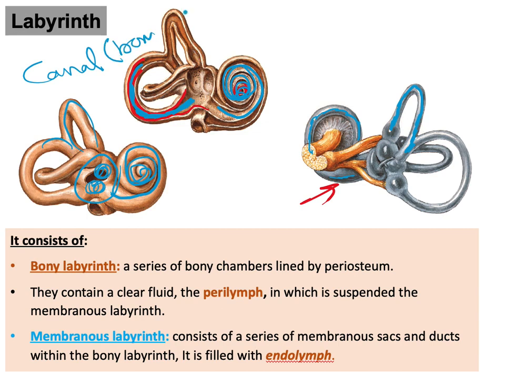That means this is a bony canal, right? The membranous part, the ducts inside it, are called semicircular ducts, right? So this is a semicircular canal, and inside it there are semicircular ducts.